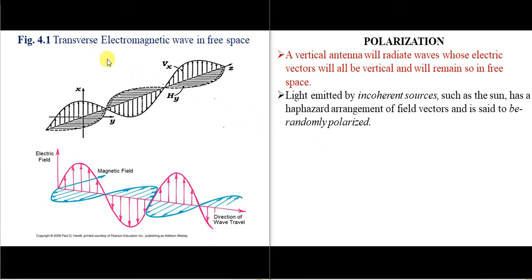In the diagram, if the electric vectors are vertical the polarization is vertical, but the light from the sun travels with its vectors arranged haphazardly and hence it is randomly polarized.